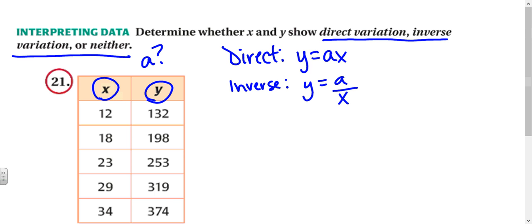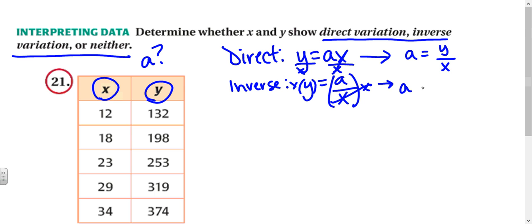So if I was trying to solve for a in this equation, I would divide both sides by x, right? So a is equal to y divided by x for direct variation. So it's kind of flip-flopped. If I wanted to solve for a in this one, I would multiply by x. So I would get that a equals x times y. So it's opposite when you're solving for a. These ones are multiplied together and these ones are divided by each other.